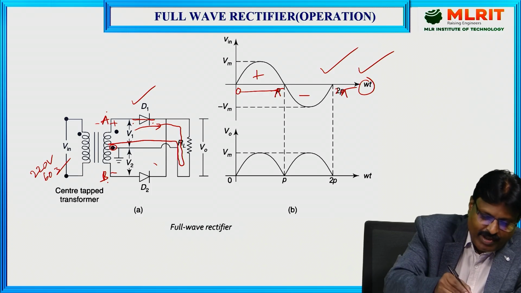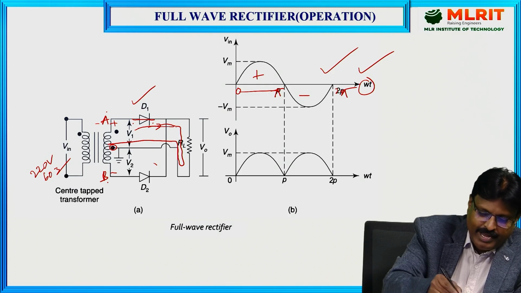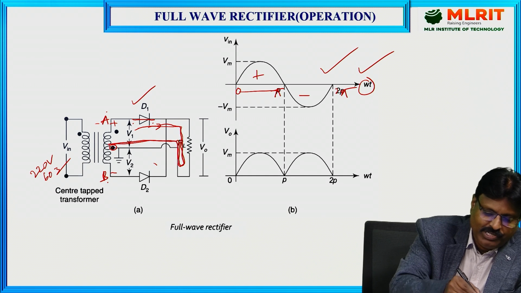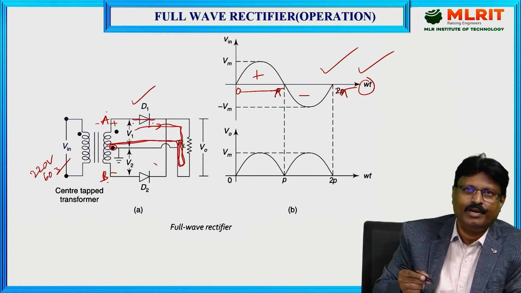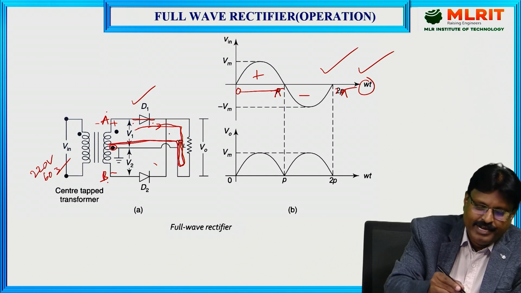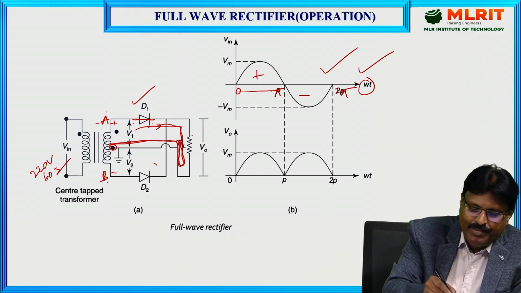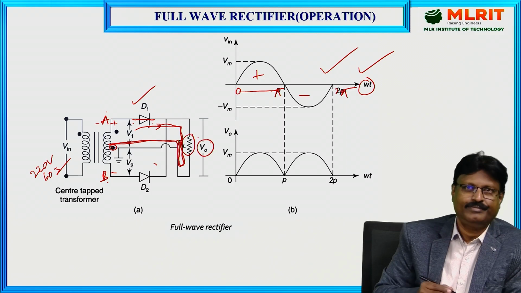So whenever this diode D1 is forward bias, a current will flow, and the current direction will be like this, through the load resistance RL in order to reach the ground, the common terminal. Whenever current is flowing here, a voltage will be developed across this load resistance RL, which we will call V0.